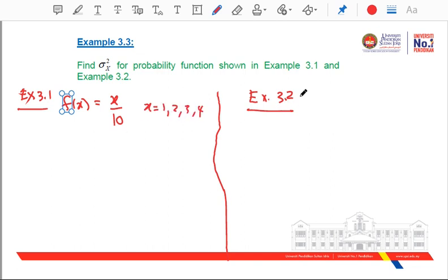And for 3.2, your f(x) given is continuous and it is (3x squared plus 3) divided by 170 for x from 0 to 5. So this is just a recall, okay? When you do it, you need to look at the slides that I uploaded in my guru, it's more clear.